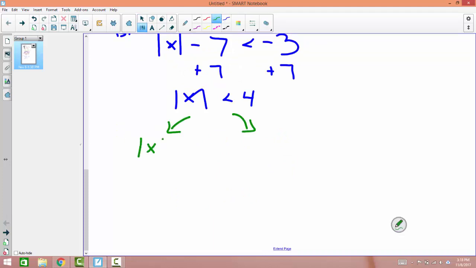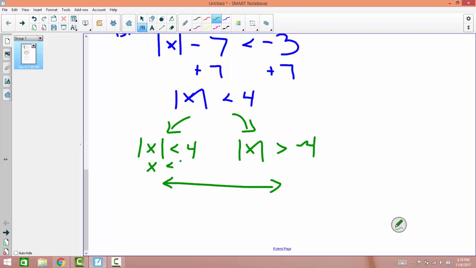The absolute value of x is less than 4, and the other thing is flipping the inequality and making the 4 the opposite sign. So let's graph what we're reading here. At this point, you can remove the absolute value since you have broken it up into both. At 4, you will have an open circle with an arrow left. At negative 4, you will have an open circle with an arrow right because it's greater than.